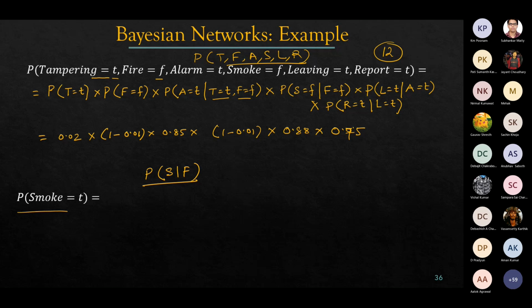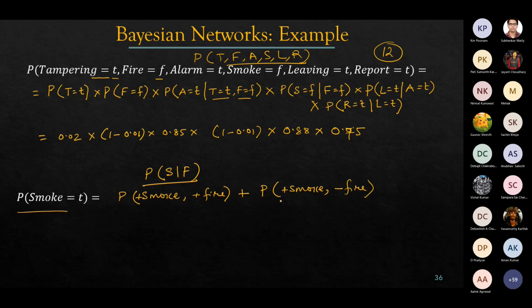So how to do that? Basically we can write this as probability of smoke given that there is fire, plus smoke, that means smoke is true, given fire, and probability of plus smoke given not fire.